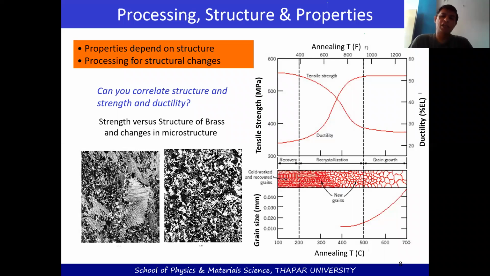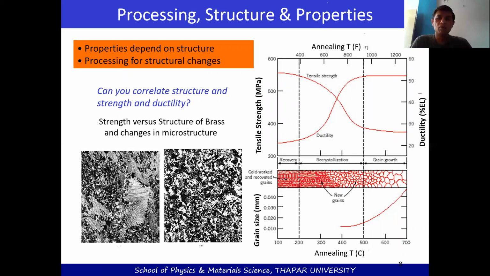So what you can see in the lower graph is, when the annealing temperature increases, your grain size also increases. That means if I process the material at higher temperature, I end up with larger size grain. And if I process the same material at lower temperature, I end up with finer size grains.